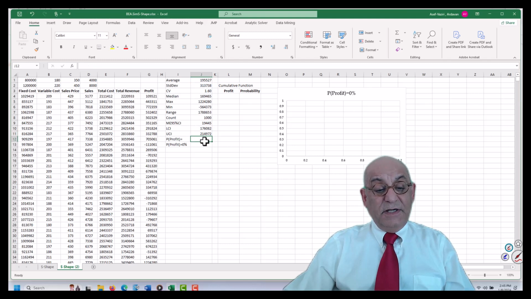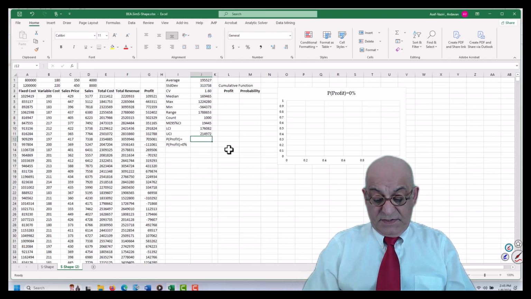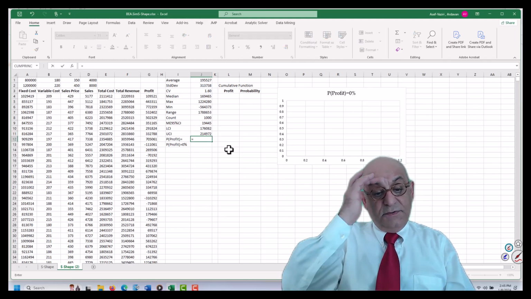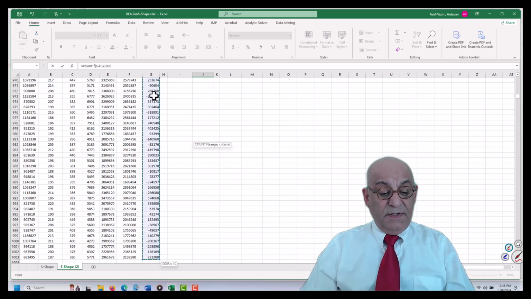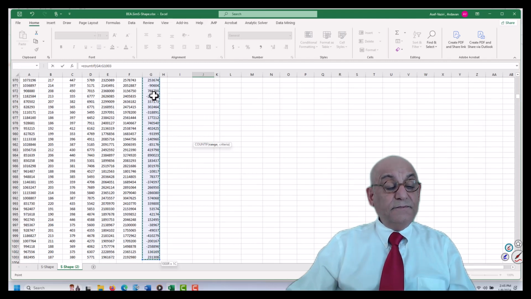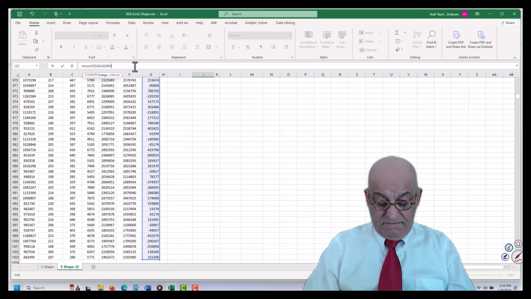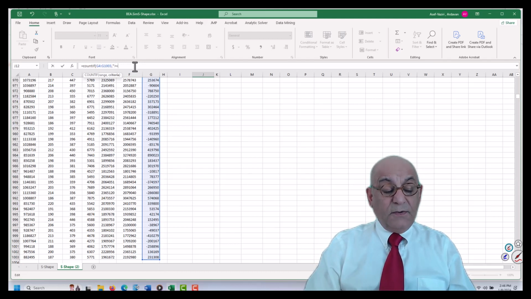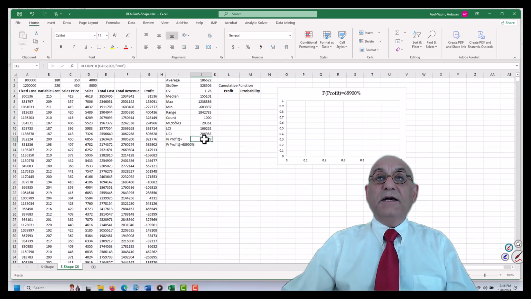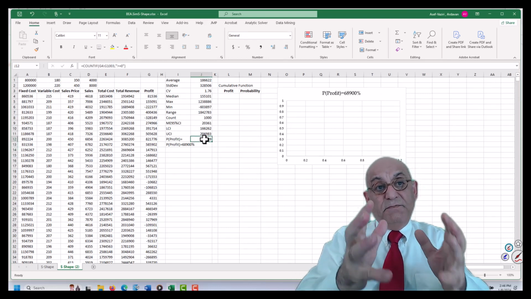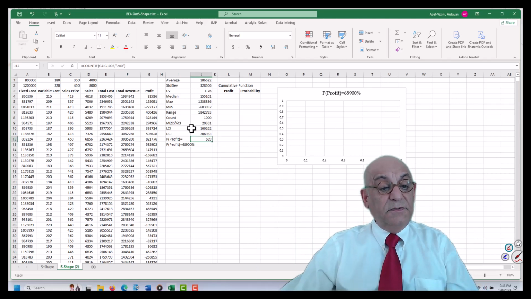And probability of profit is equal to COUNTIF these numbers, comma, quotation mark, greater than or equal to 0, quotation mark, enter. 689 observations where profit was greater than or equal to 0.